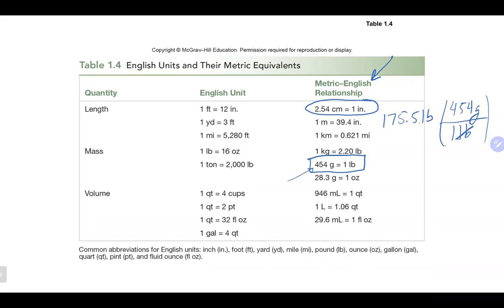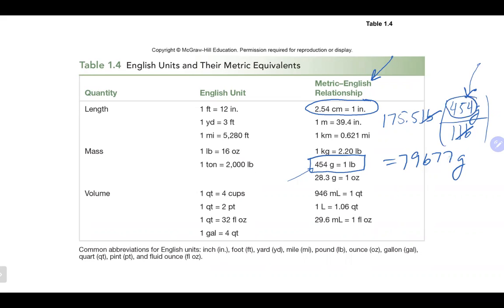The pounds will cancel as they divide each other out. We would end up with 175.5 times 454. That would give us 79677 grams. In this particular case, since this is a crossover metric to English, this is where we would look at our significant figures in this number, not the one.